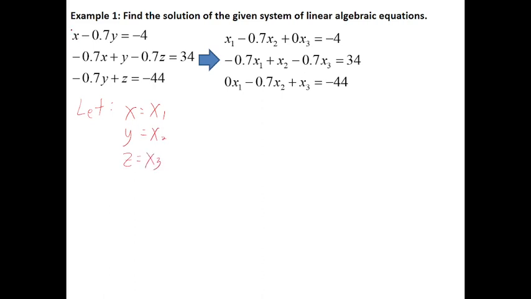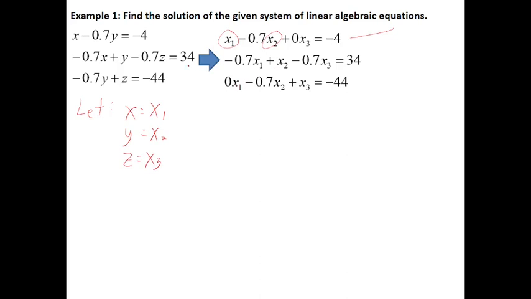So as you notice, x becomes x sub 1, y becomes x sub 2. And then in other words, because there is no z, we have 0x3. Okay, 0z or 0x3, that is equal to negative 4.